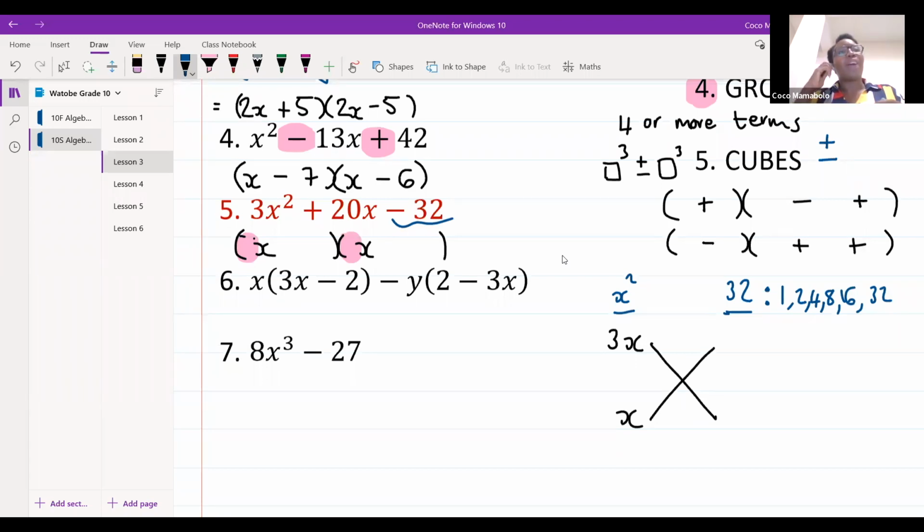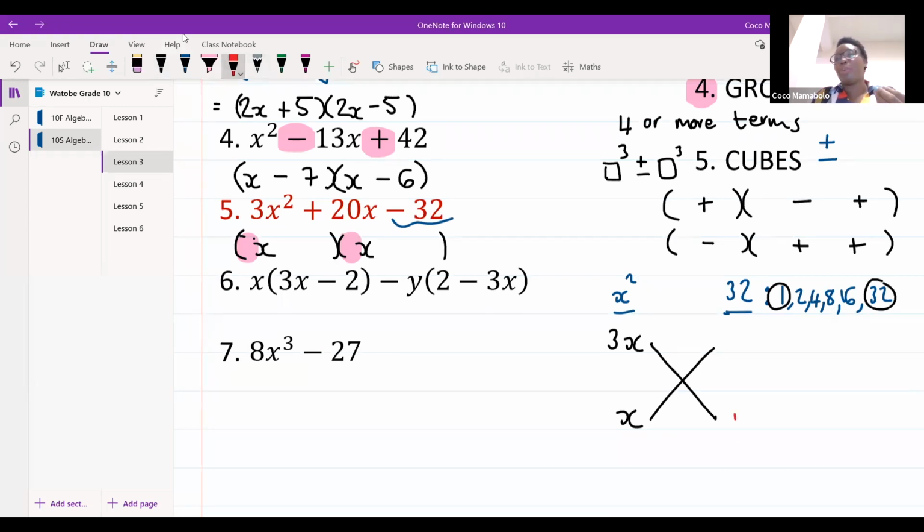All right. So now, guys, we have to find 2 factors, right? That when multiplied by 3x and x are going to give us 20. And this is the tricky one. Remember, guys, we need to pair them. So 1 times 32 is how I get 32. So I'm going to do a trial and error.